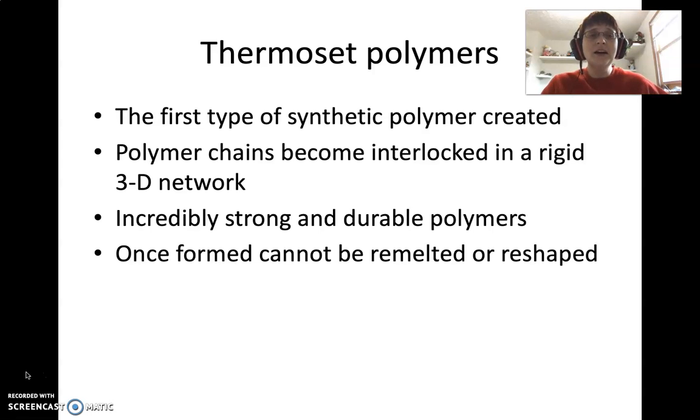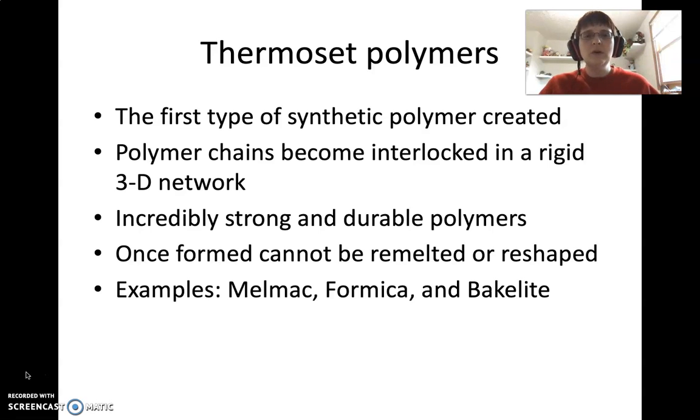Basically, all that we can do to them is break them into tiny pieces. So we can't actually reuse any of these insofar as reusing the polymers, unlike some of the polymers that we make today, as we'll see in some of the later ones that we're going to look at. We can reuse some of those.